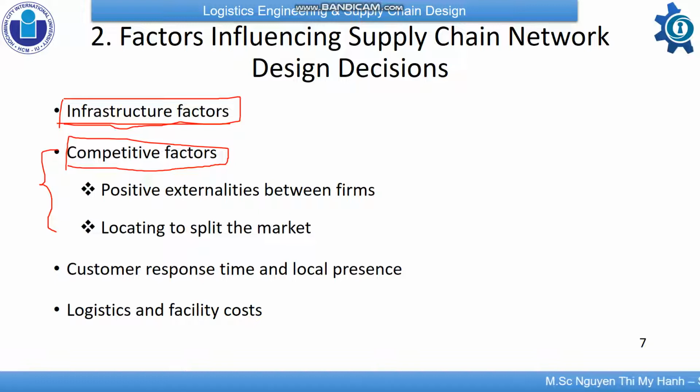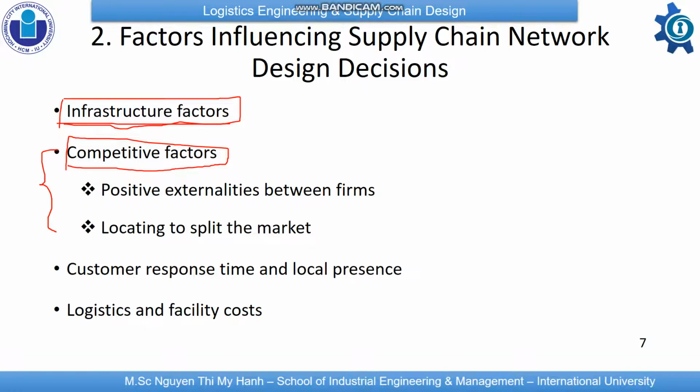They can locate their facility in a place further from the customer but lower cost, so that they can reduce the cost, then reduce the price for the customer. It's the same as the example I gave you earlier about the convenience store and the warehouse club Costco. Okay.